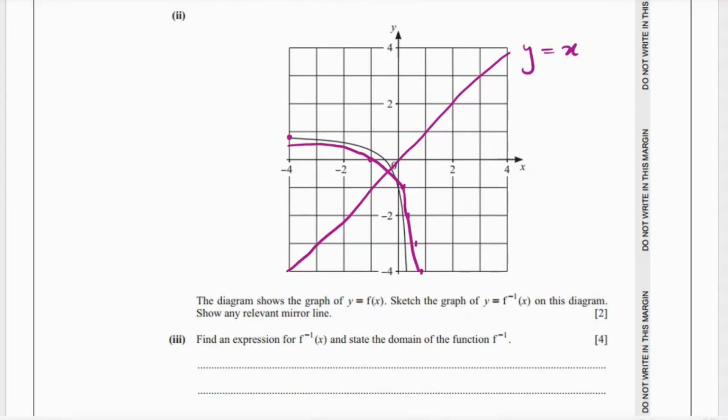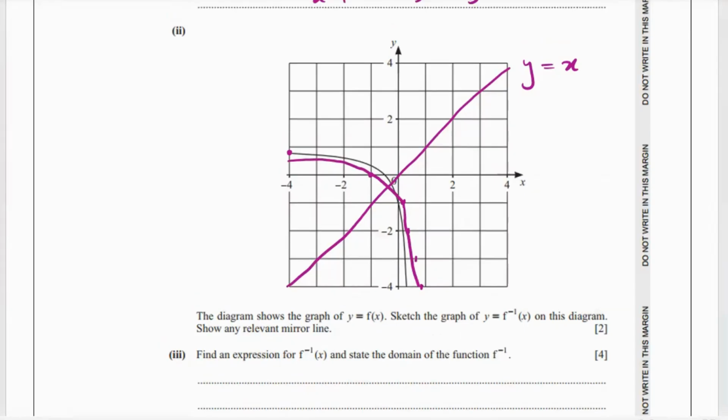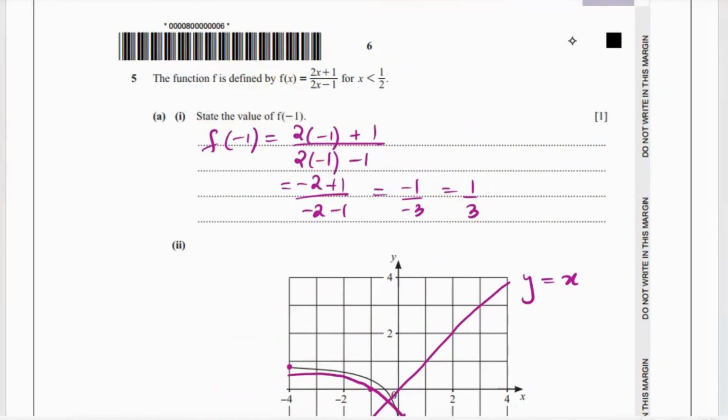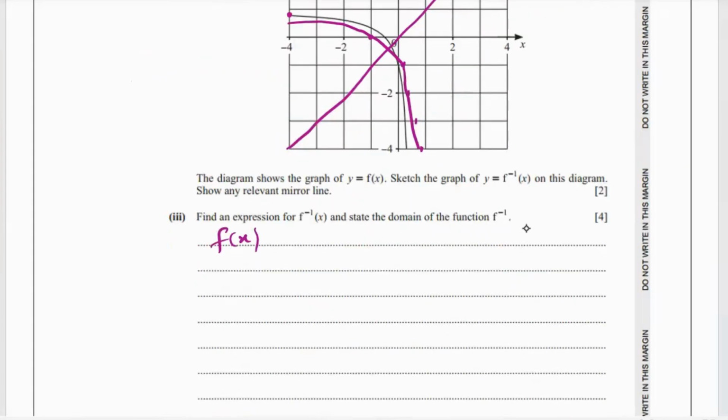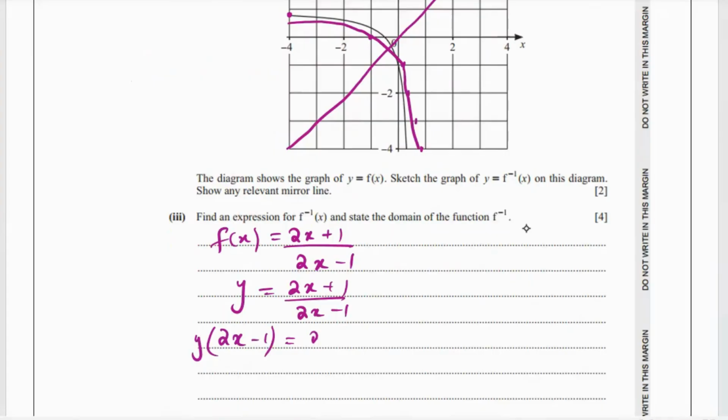Then find an expression for f inverse of x and state the domain of the function f inverse. So we have f(x) equals 2x plus 1 over 2x minus 1. So y equals 2x plus 1 over 2x minus 1. Cross multiply. So y bracket 2x minus 1 equals 2x plus 1.